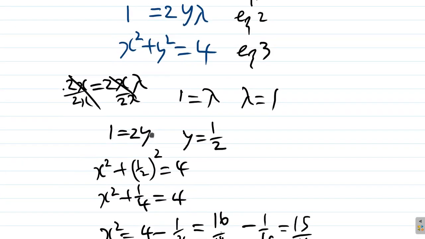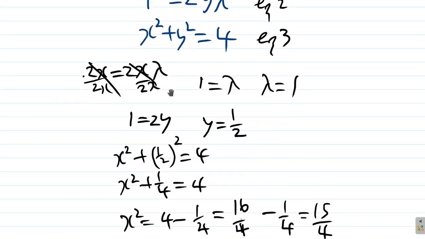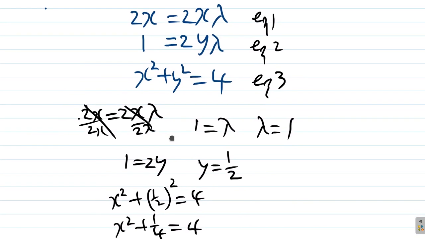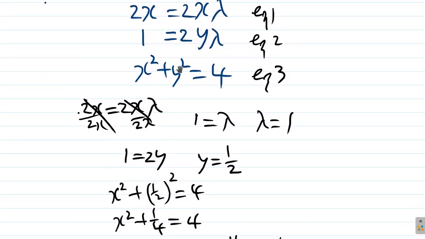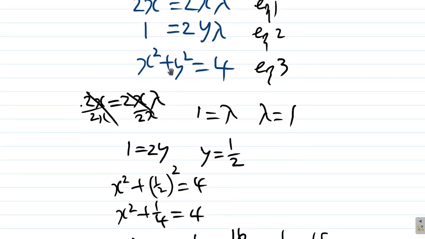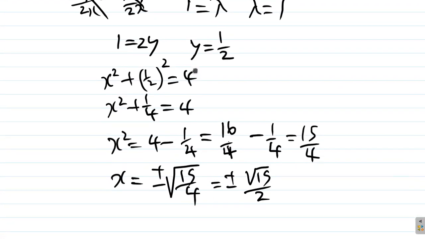Now, we already have one value for y. But let's see if we can find any other value for y here. When x is equal to square root of 15 over 2 in equation 3, what is y? Well, we have x squared.